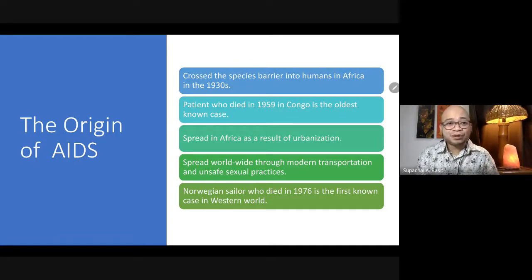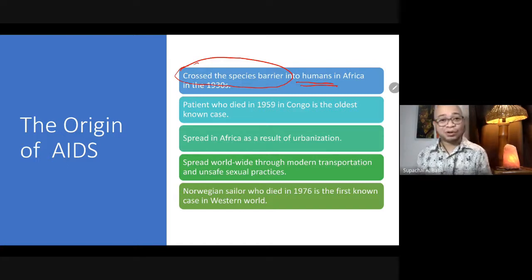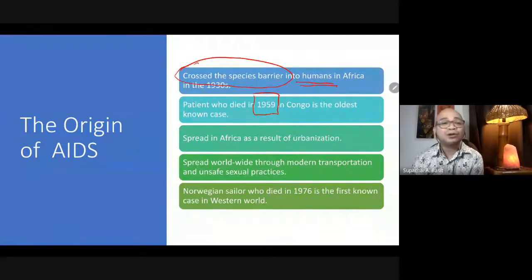However, because they were able to cross the species barrier, now they're able to infect humans. The first reported cases were from Congo. There was a patient who died in 1959.